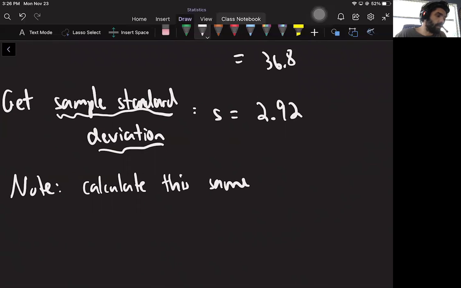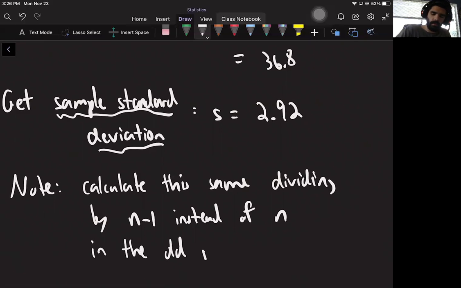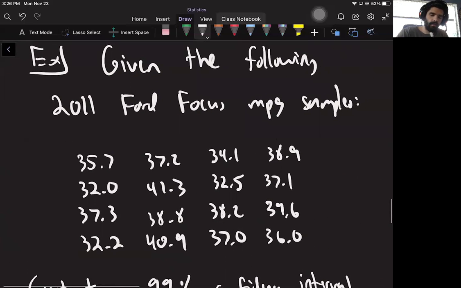We calculate this by dividing by n minus 1 instead of n in the old process we learned a long time ago, where you take your mean and subtract it from each number. I'm not going to do it right here, but you do that for all of these.